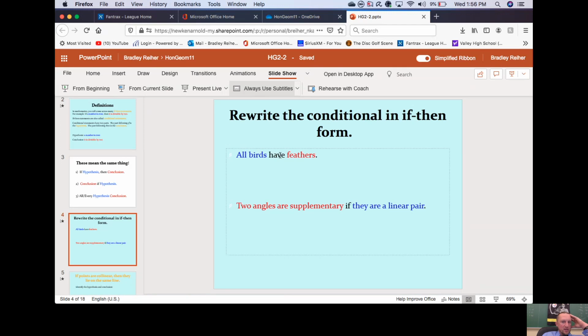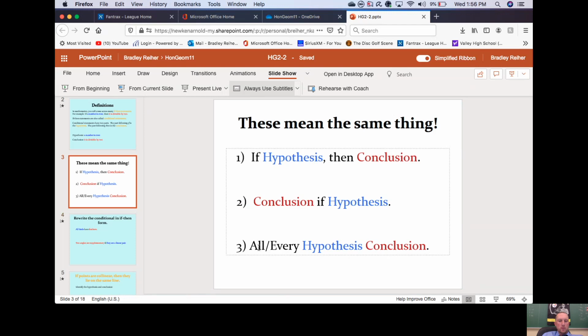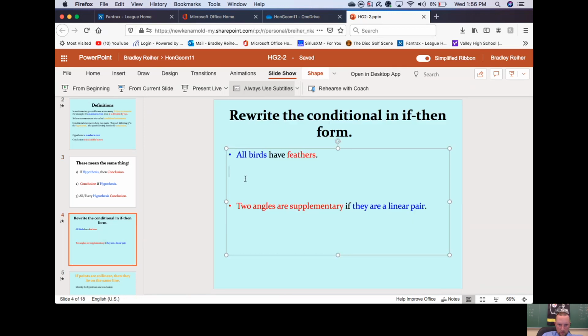So here's a conditional statement. We want to rewrite it in if-then form. All birds have feathers. That's like the third statement. It doesn't have the word if or then in it. Could we make it have the word if or then in it?